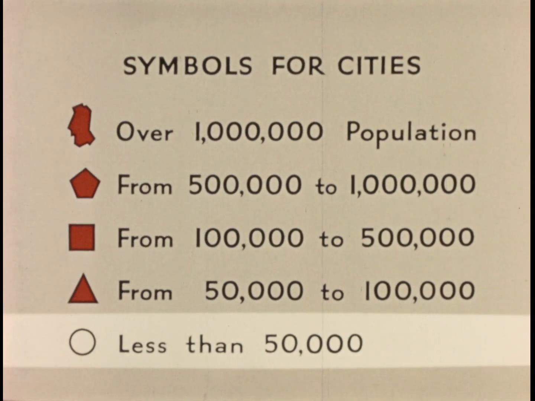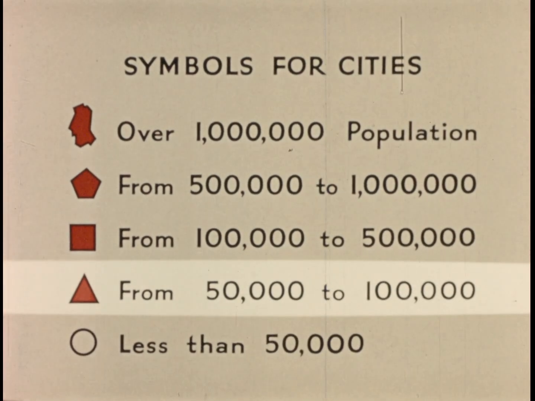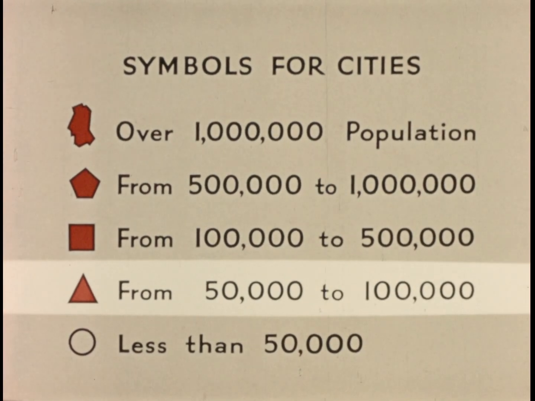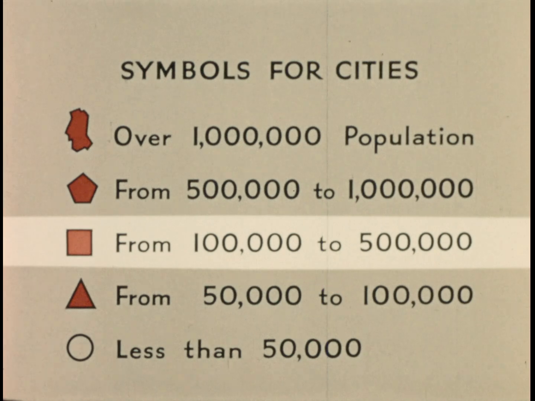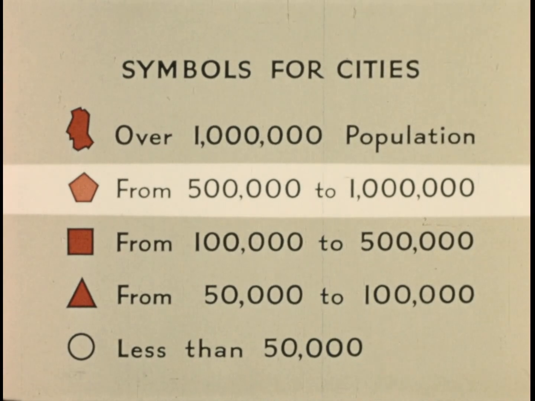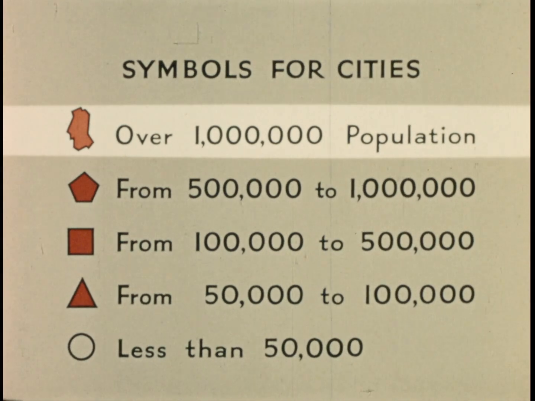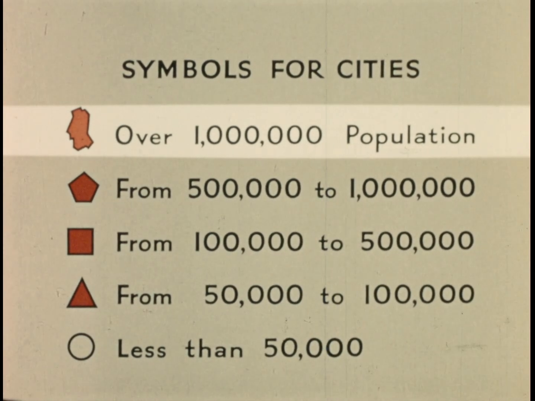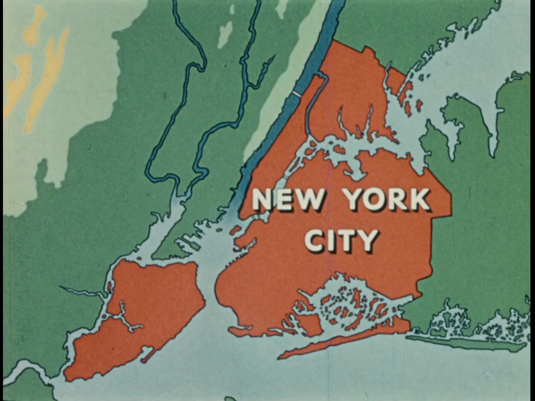Our city legend shows a circle for towns less than 50,000, a triangle for cities 50,000 to 100,000, a square for cities 100,000 to 500,000, a five-sided figure for 500,000 to 1 million, and irregular shapes for cities over 1 million, like the largest city of the United States, New York City.